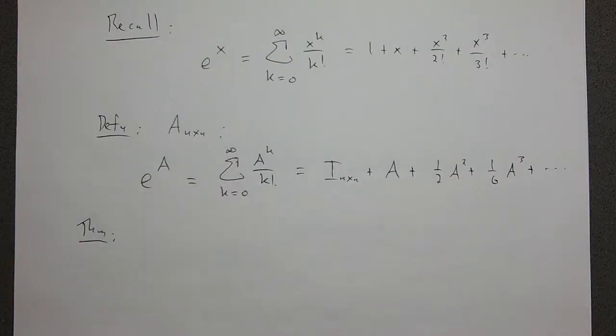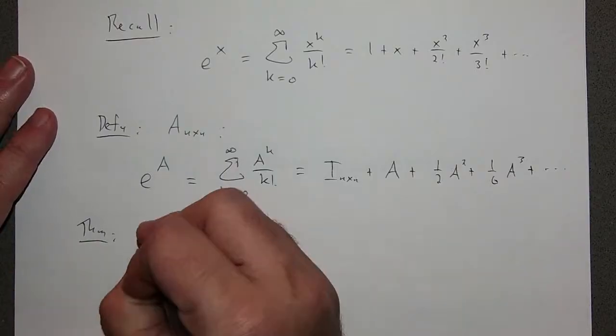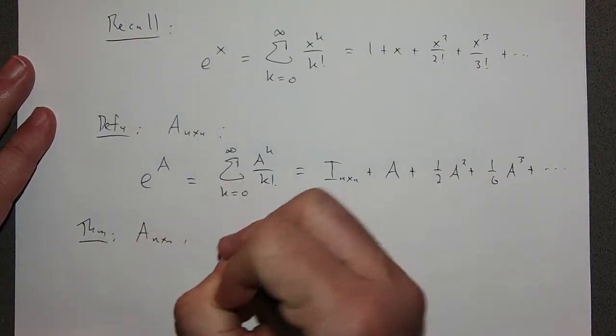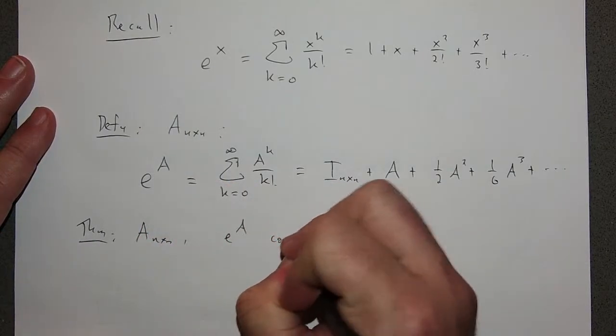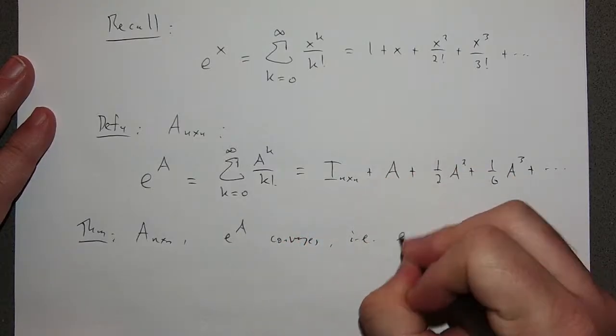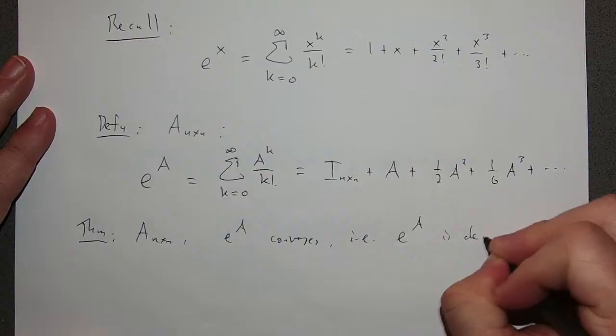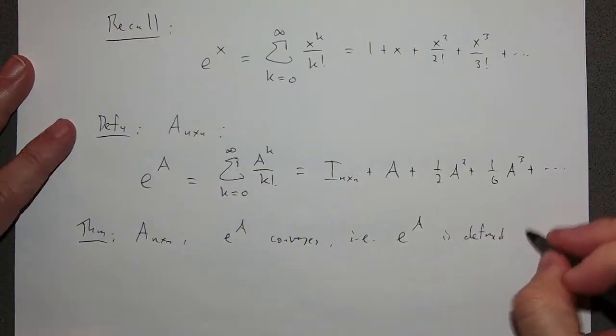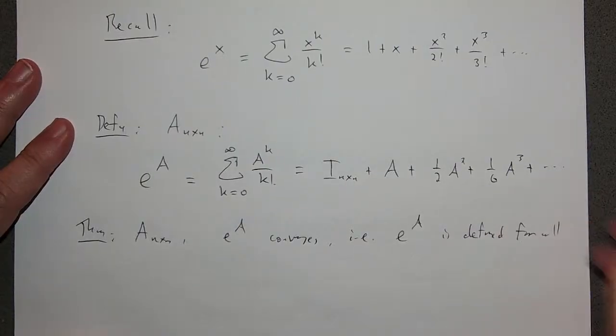Here the question about convergence might come up. This theorem says this thing converges. So if A is an n by n matrix, e to the A converges, i.e. e to the A is defined for all n by n matrices.